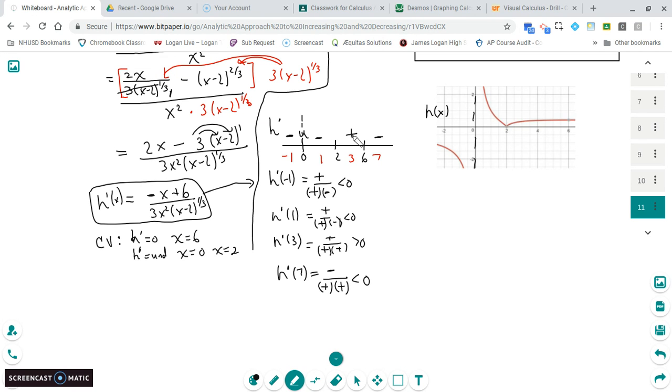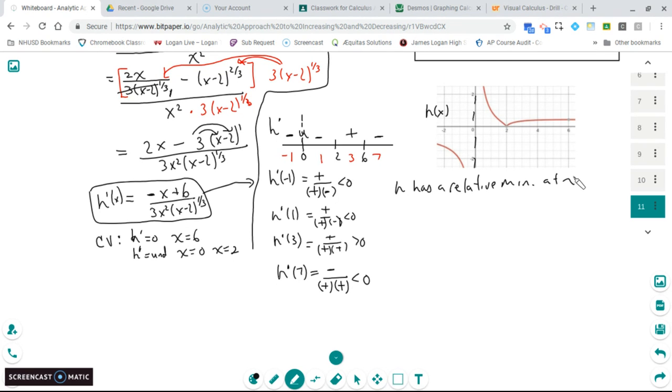So you can see that when we get that change, we have a relative, what is that? So decreasing to increasing, that would be a relative minimum. So H has a relative minimum or local minimum. You can use either word.